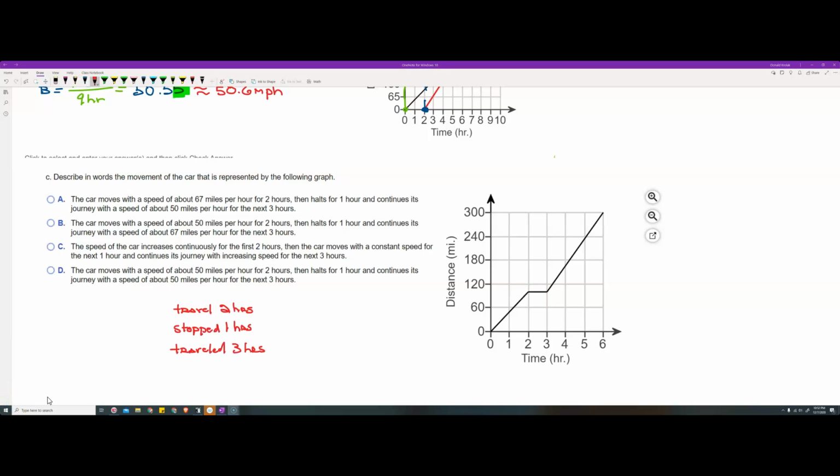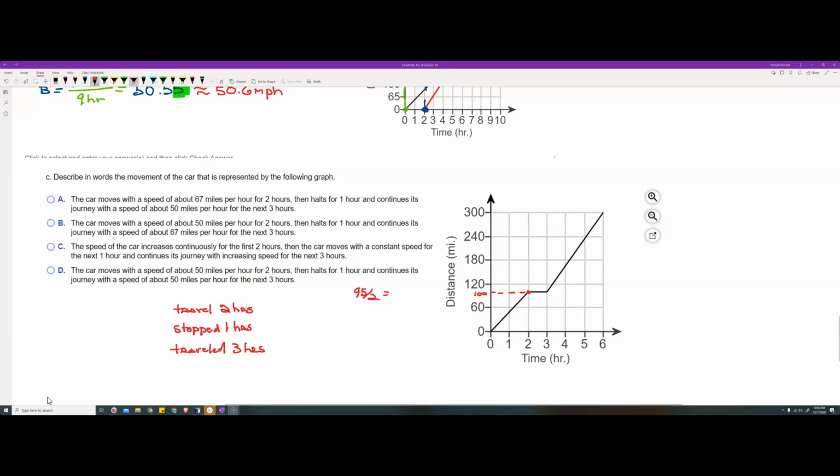Now, if we were going to estimate the rate of change for this first 2-hour drive, okay, we need to estimate what the coordinates of this point are. And we can use this point. Alright, so if this is 60 and that's 120, 90 would be halfway between those two because there's a difference of 60.